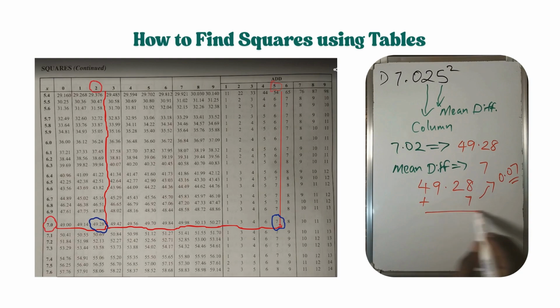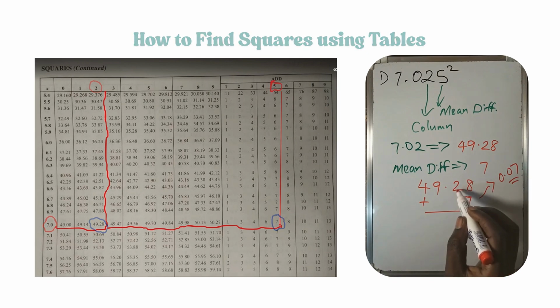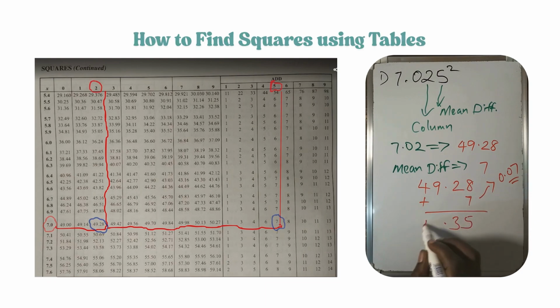So we add it here. And now when you add 8 plus 7 is 15, this is 5. Then we carry 1, 2 plus 1 is 3. Then we have 49.35. That's the answer.